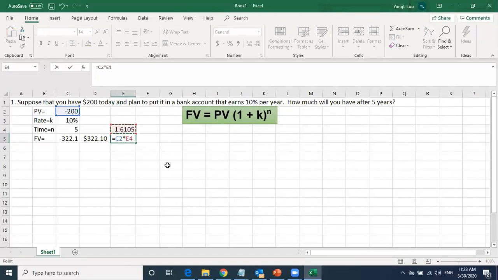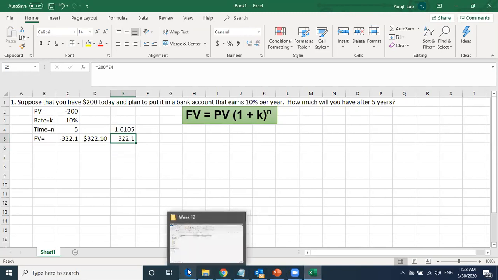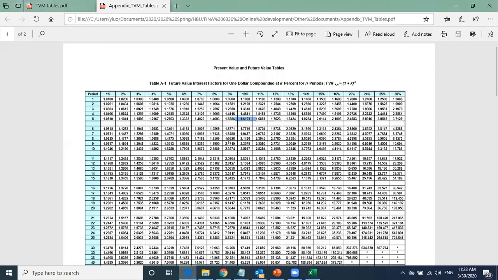The factor you get from the table, times the present value: 200 times that factor will be your future value. I will post this time value of money table on Blackboard in the course lecture area.